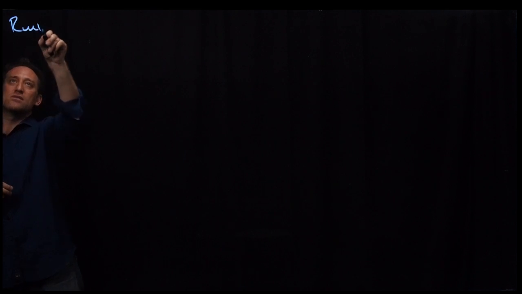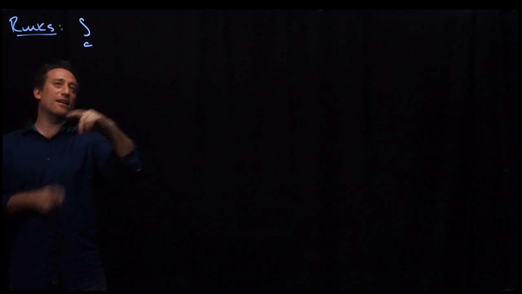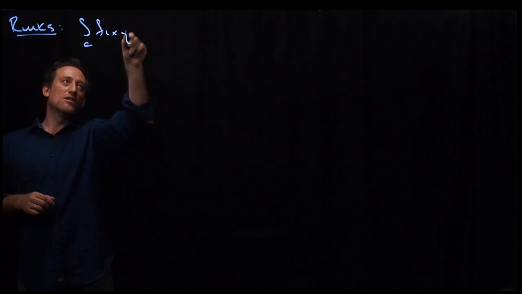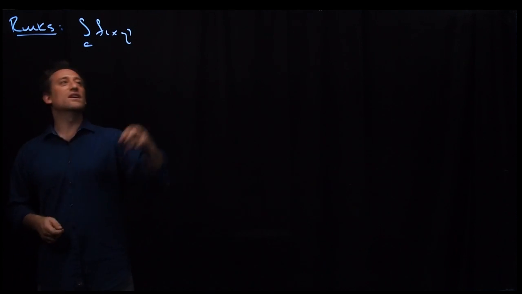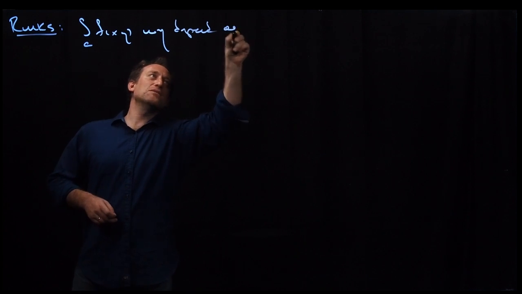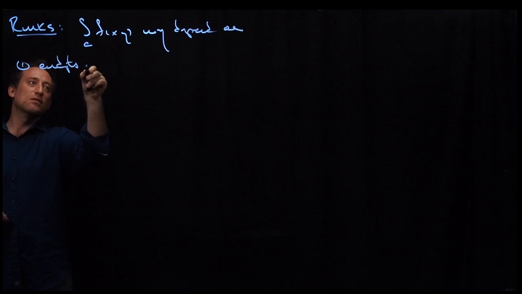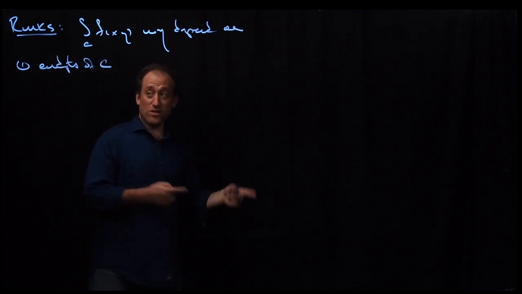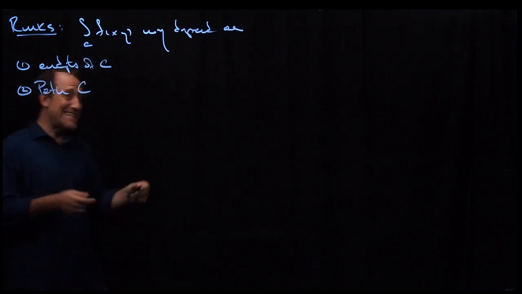I want to begin by repeating what I concluded just a moment ago. A couple of remarks: namely, that the line integral of a function over a curve C may depend on, obviously, the endpoints of the curve C, but it turns out may also depend on the path C itself.